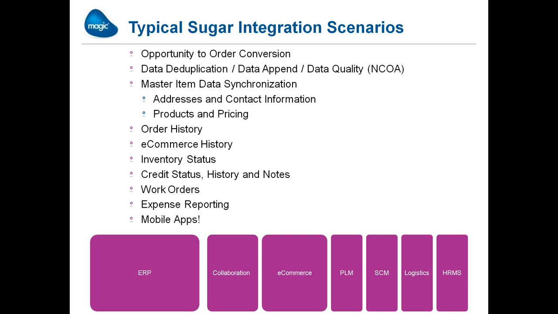Inventory status can be essential when a salesperson is on the phone talking to the customer, working their CRM in Sugar, and they are asked, is that available? Or they want to suggest a product offering. They need to know what's available so that that can be factored into the sales process. By the same token, you may want to know what is the credit status of this customer.